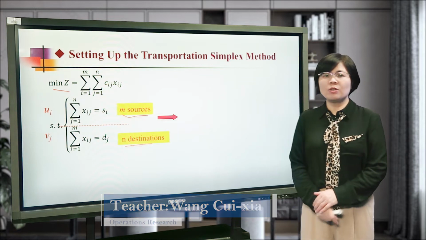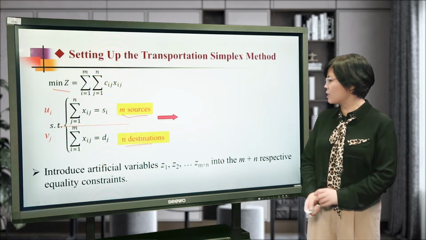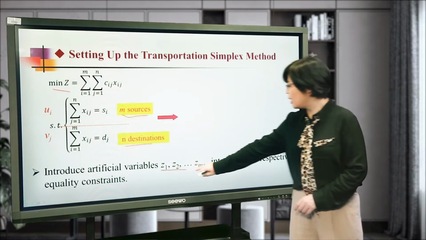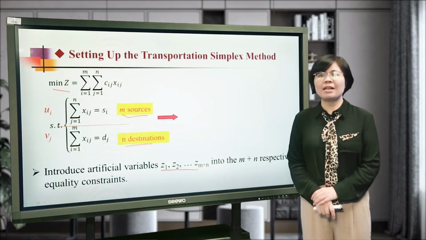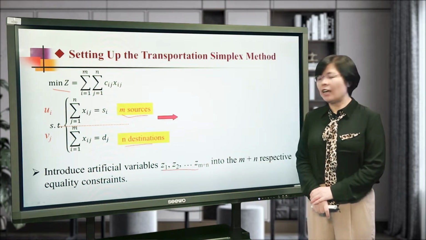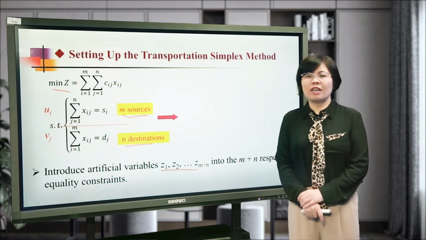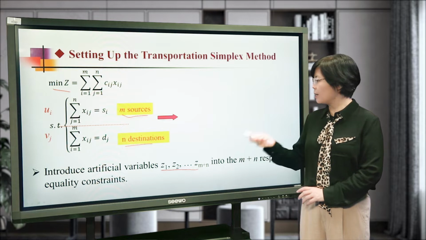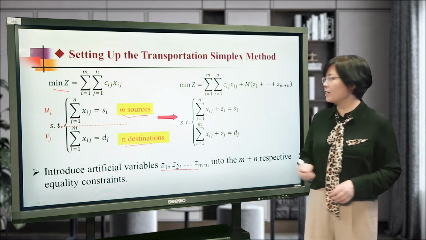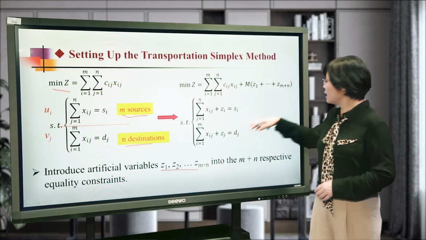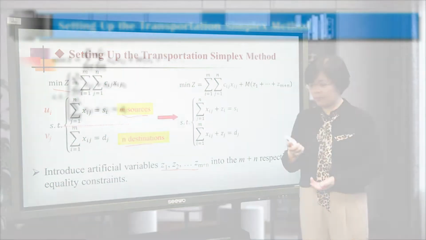Now, we introduce artificial variables z1 to zn plus n into the n plus n respective equality constraints and transform the model into this one.